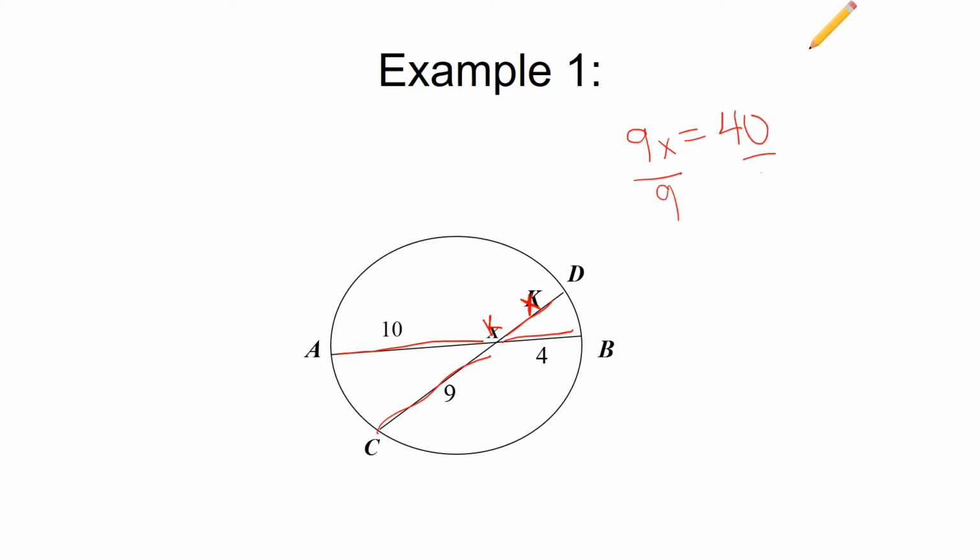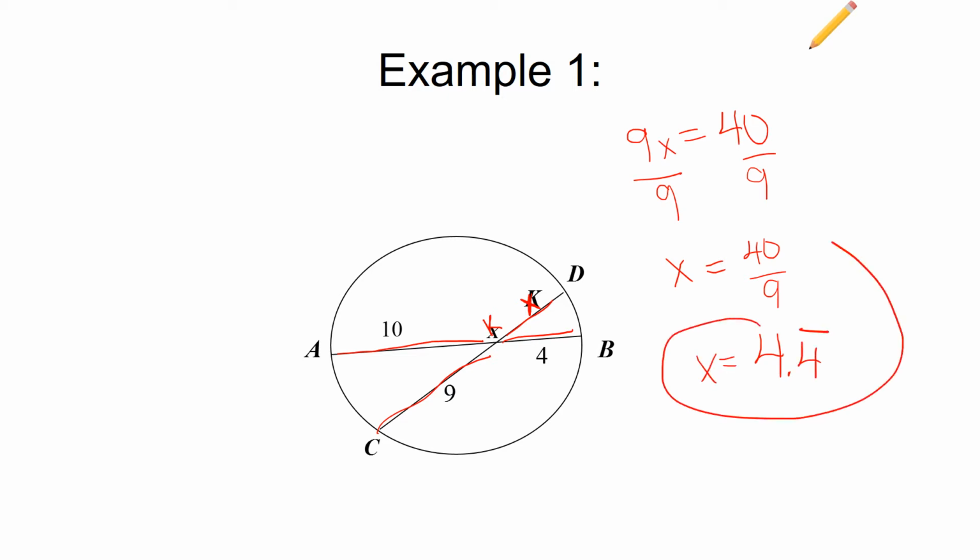Now we divide both sides by 9, and we get X is equal to 40/9, which can't be reduced, but if you want to write that as a decimal, that would be 4.4 repeating. I would have left it as a fraction. But that's the first example.